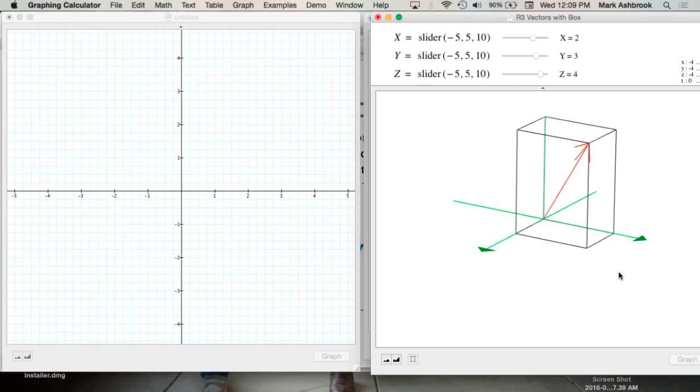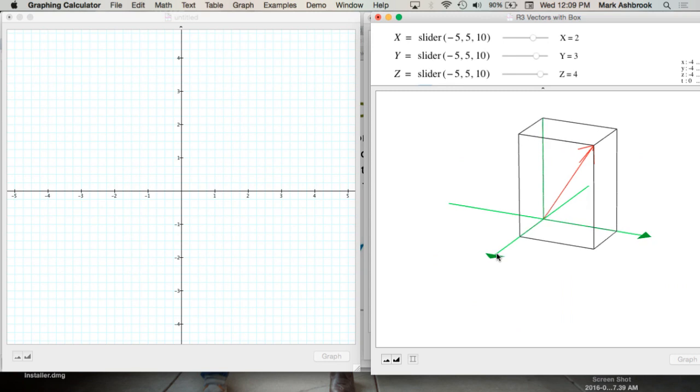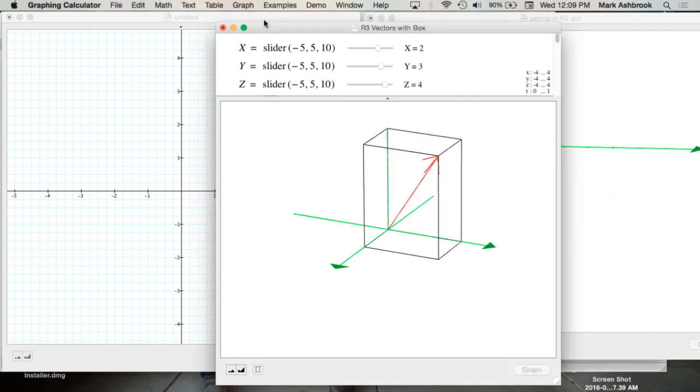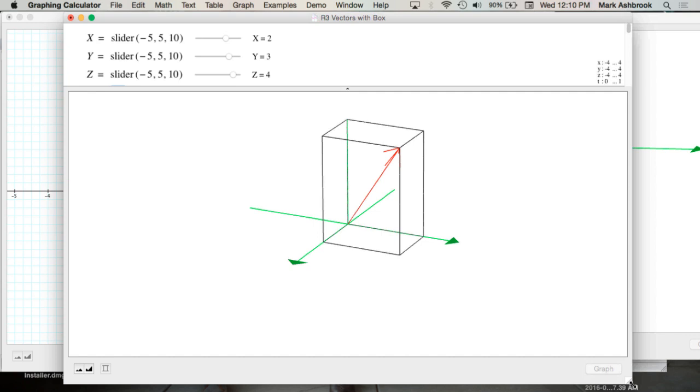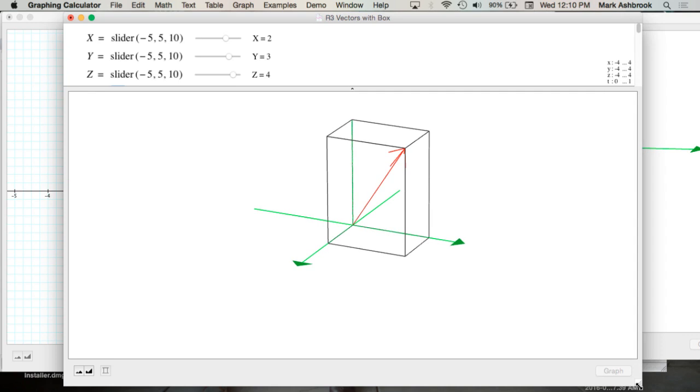So remember we said vectors are mobile. Vectors are mobile. And so there's kind of a special position for any particular vector, which is when you put its tail at the origin. So when you put its tail at the origin, that's called standard position.